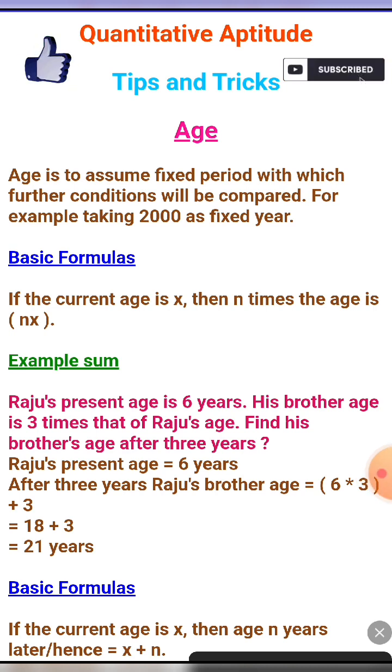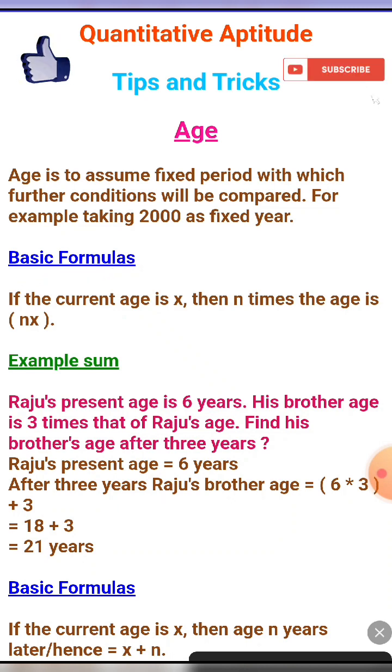Let's learn quantitative aptitude tips and tricks for age questions. Age is assumed to be a fixed period with which further conditions will be compared. For example, taking 2000 as a fixed year.